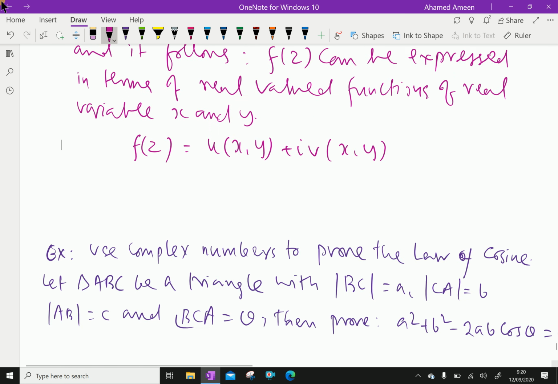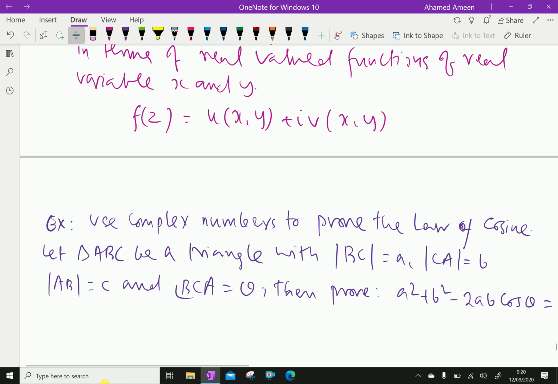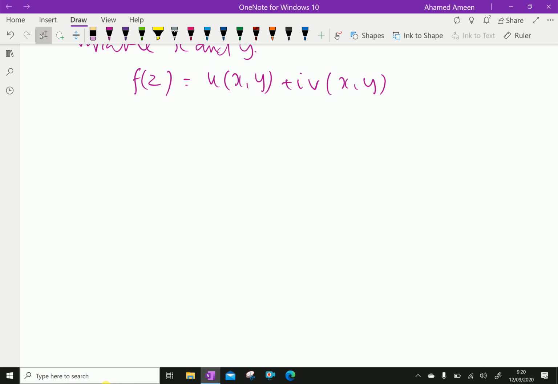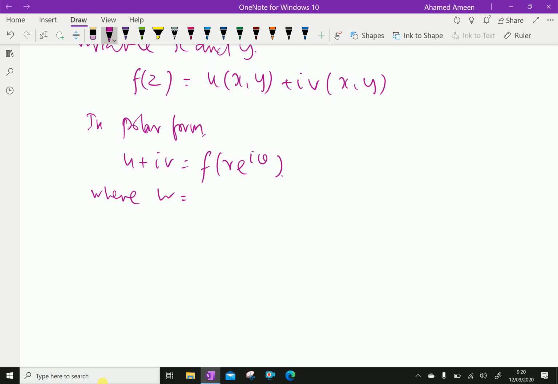Let us give more space for this. Here in polar form, we can express u plus iv equal to f of r e power i theta, where w equal u plus iv and z equal r e power i theta.